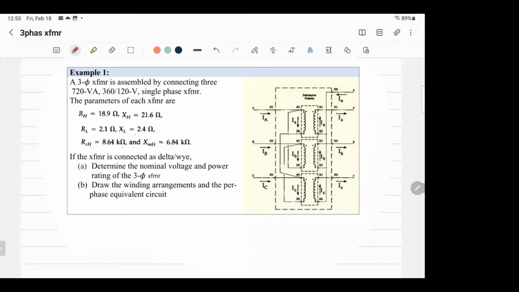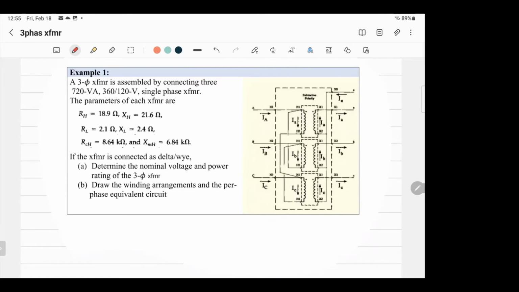The question now: what is the rated value of the power of this transformer as three phase when I connect them, whatever the connection? It's not the same, you have three of them. If I said that you have three transformers, each gets 300.